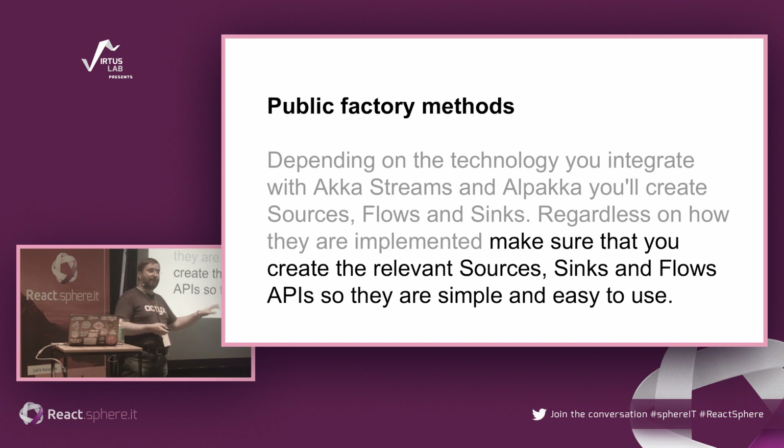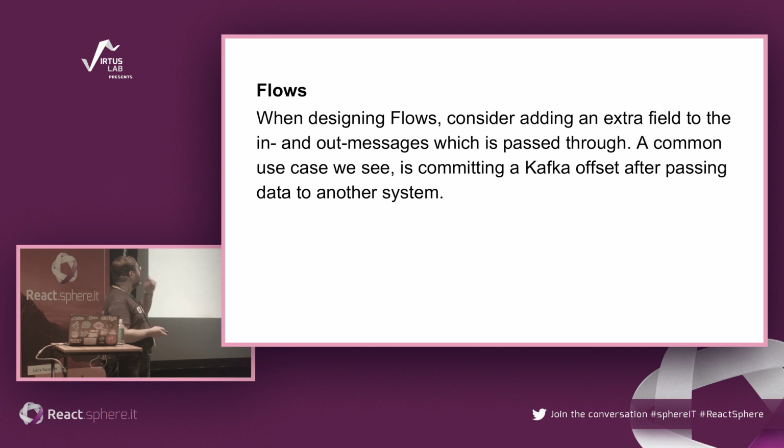You just push anything to Kafka, and hopefully Kafka will sort it out. The other thing is flows. When you're designing flows, make them meaningful. For instance, in the case of a Kafka offset commit, out of the stream comes information like requests to commit certain offsets. That's a reasonable abstraction.